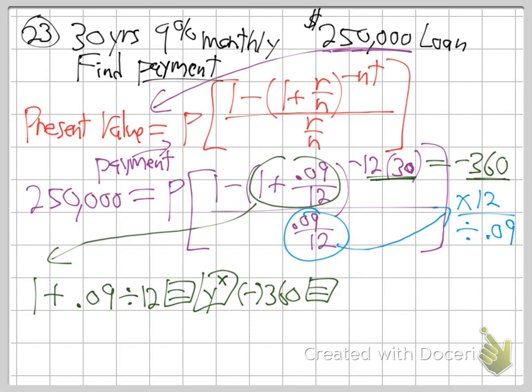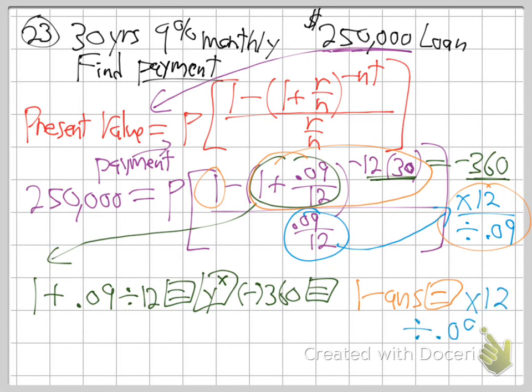So 1 minus the answer, right? Because you got to do 1 minus the answer we got here. And then hit equals. And then finally, we'll go times 12 divided by 0.09 equals.